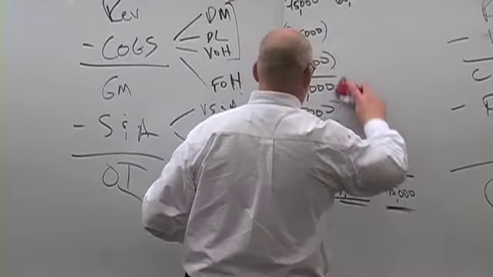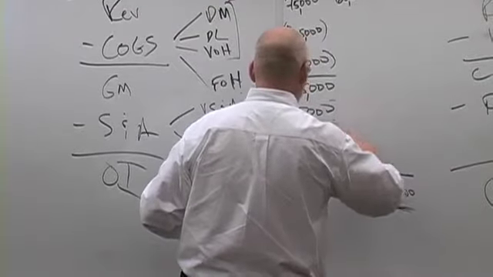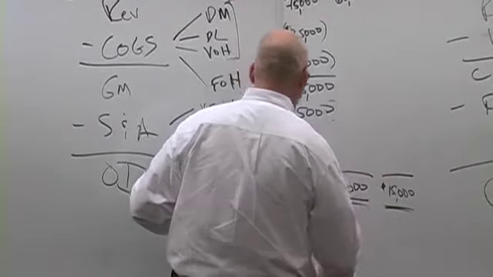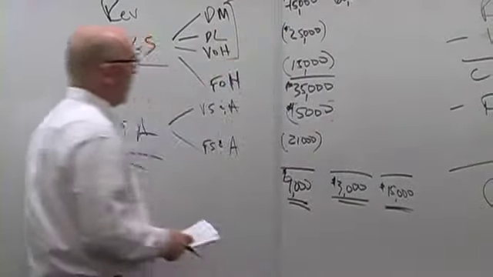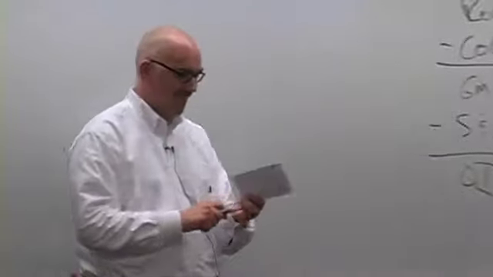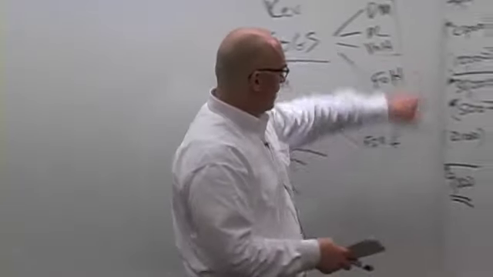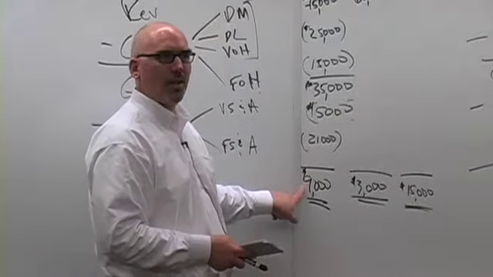I've got to carve out a little bit of room for the next series of numbers. Samantha, is that right? If you go through all this math, do we wind up at $9,000?